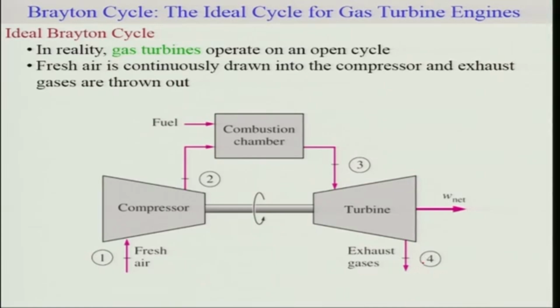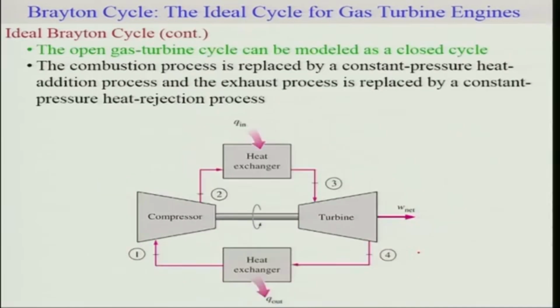Now you can model this actual gas turbine operation as a closed cycle. What we can do is consider the combustion chamber and replace it by a heat exchanger, which just takes a Q in, and the exhaust process can be replaced by a heat exchanger again, which rejects the Q out.